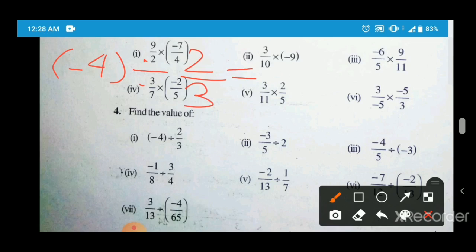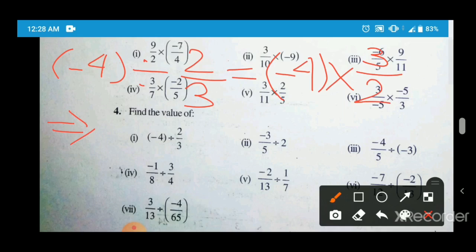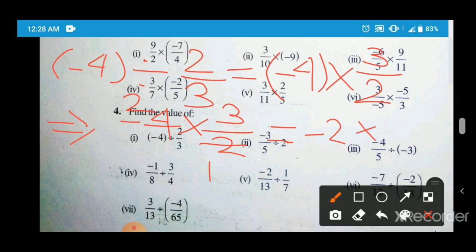It can be like this: minus 4 multiplied by 3 upon 2. It shows that it is minus 4 multiplied by 3 upon 2. 2 1s are 2, 2 2s are 4. So it is equal to minus 2 multiplied by 3. It is equal to minus 6.